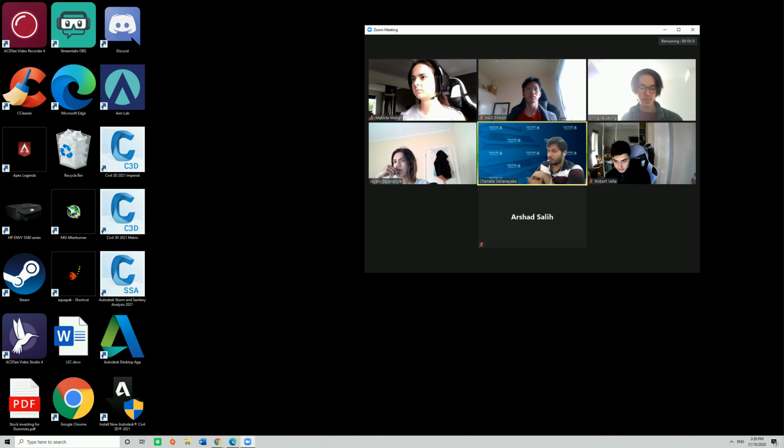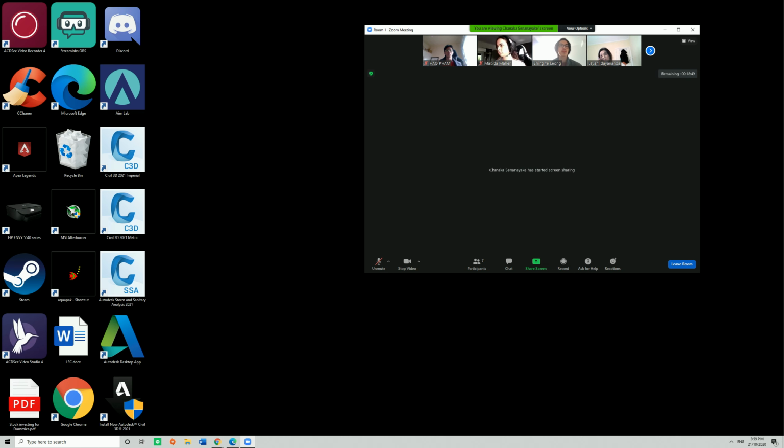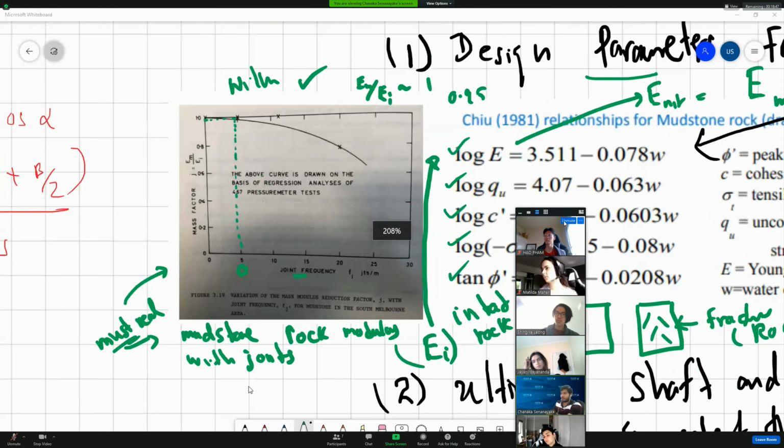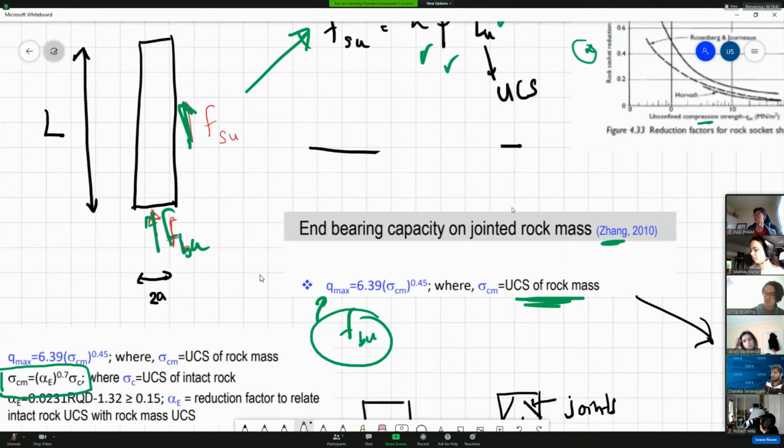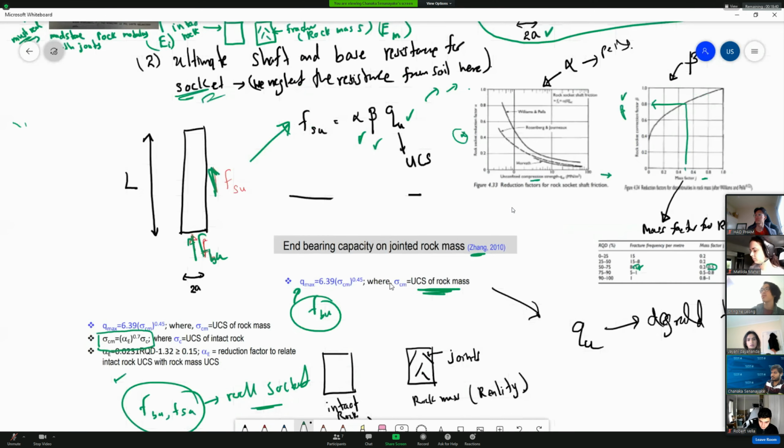FBU you can find using the Shanks equation, that 6.39 into sigma cu into 0.4 to the power 0.45. This equation. Yeah.